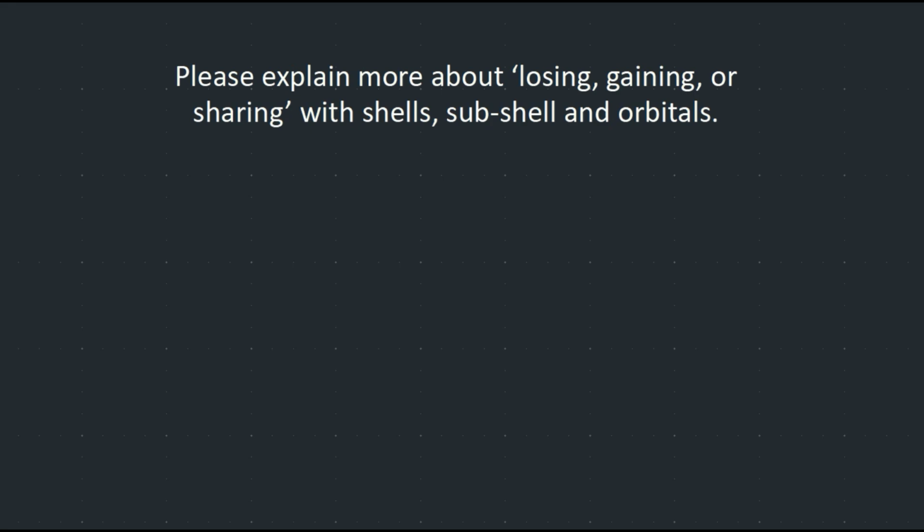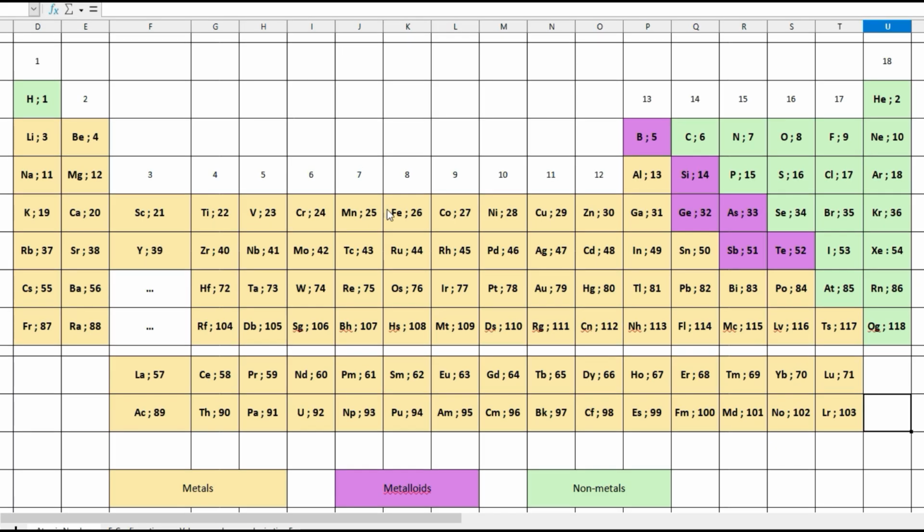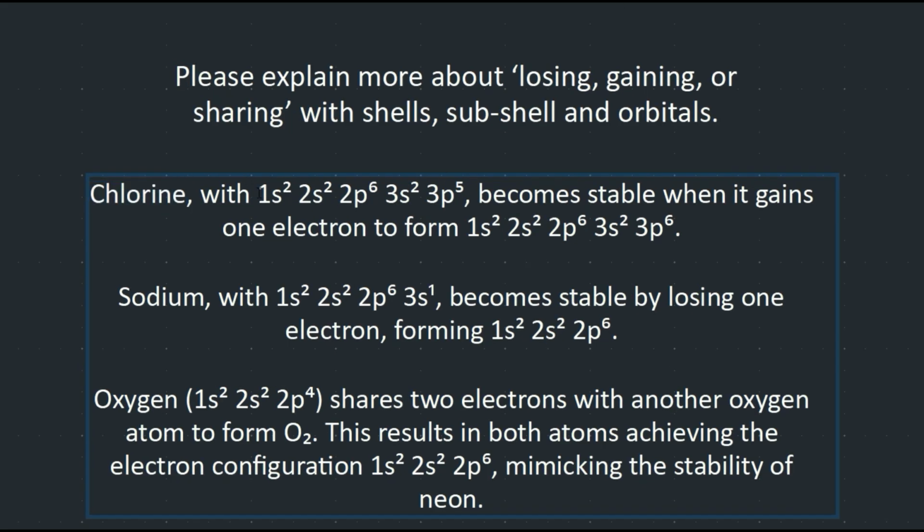Now, let's explain more about losing, gaining, or sharing with shells, subshells, and orbitals. Right? Let's understand with that perspective, with our basics. For example, chlorine. So let's look at where chlorine is. Chlorine is, yeah, here. It's just one step away from a noble gas. So let's see what happens. Chlorine has 1s2, 2s2, 2p6, 3s2, 3p5.